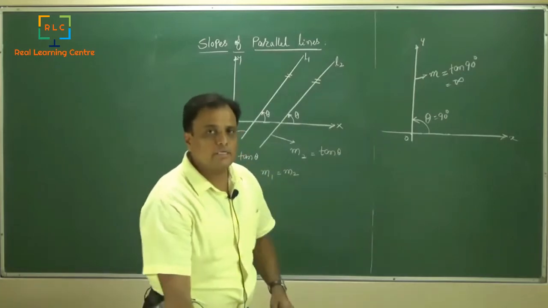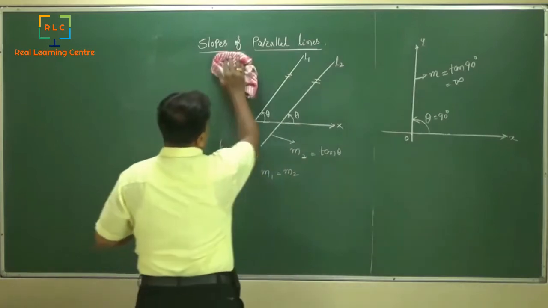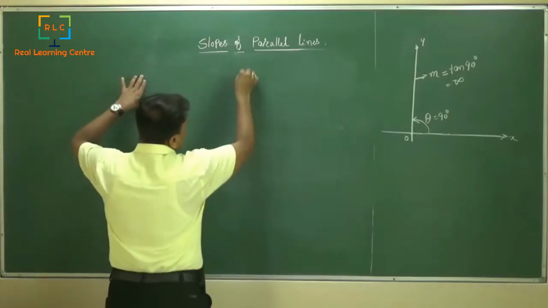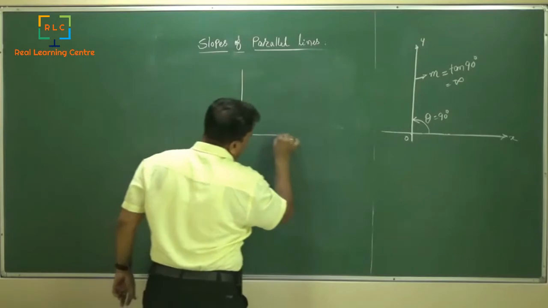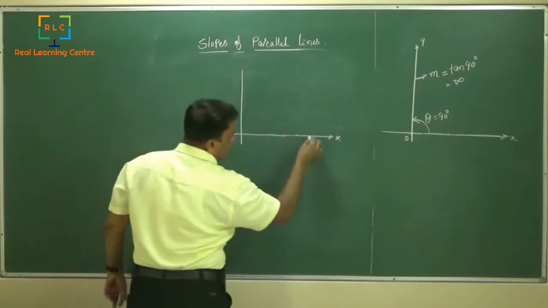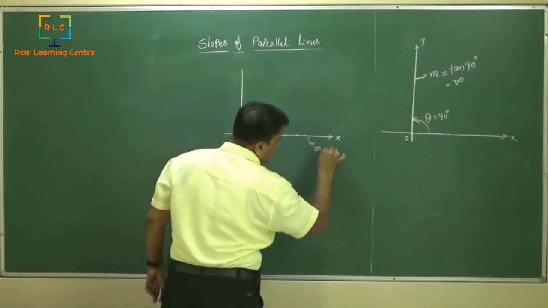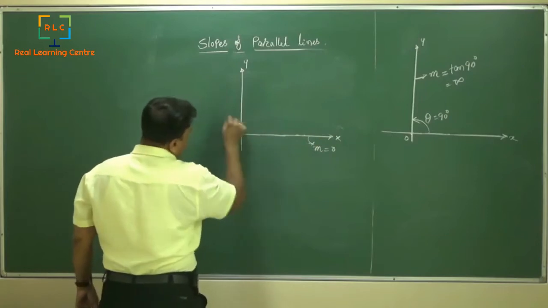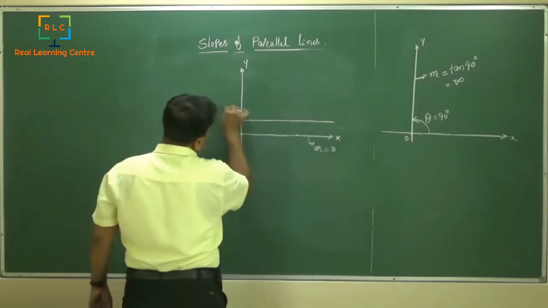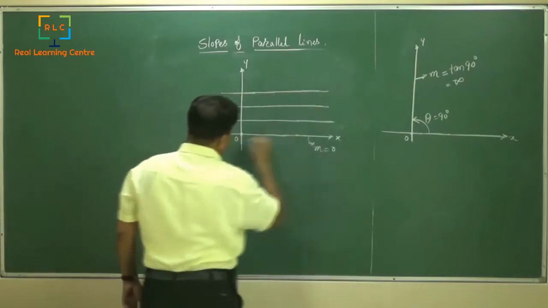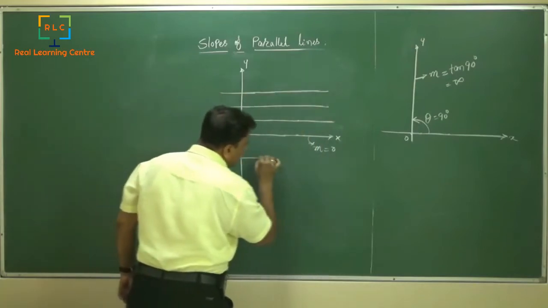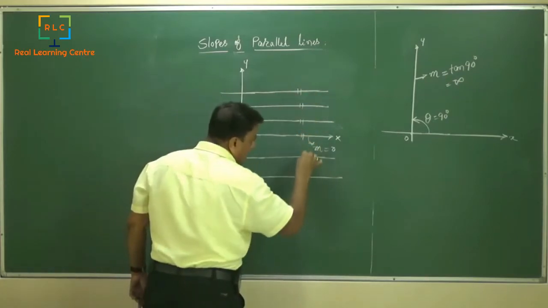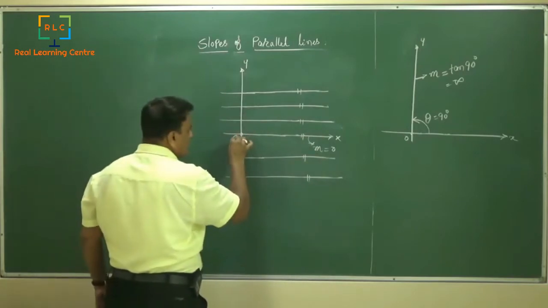Now let us discuss some more items. Once again, I'll get back to the point of slopes. Clearly we came to know that the x-axis slope is always 0. Then the question arises: if some lines are parallel to the x-axis, then, as we have discussed, if lines are parallel, their slopes are equal.